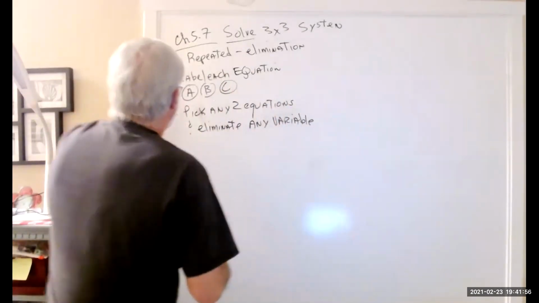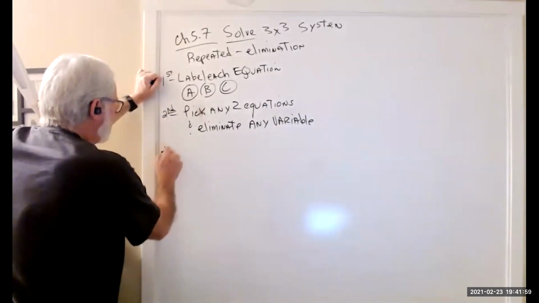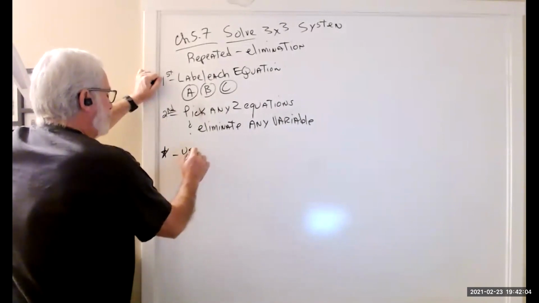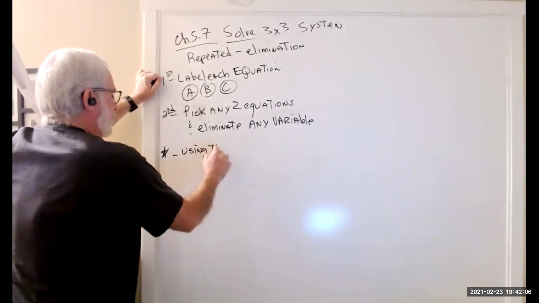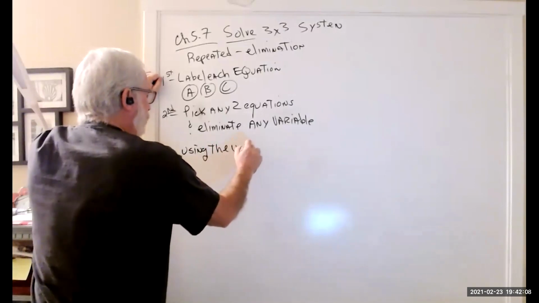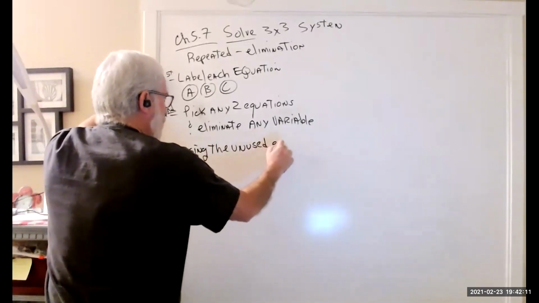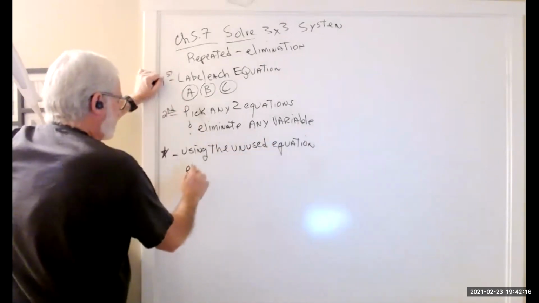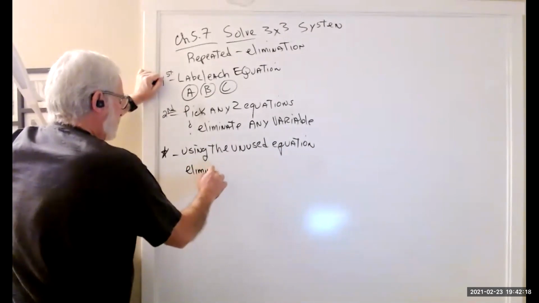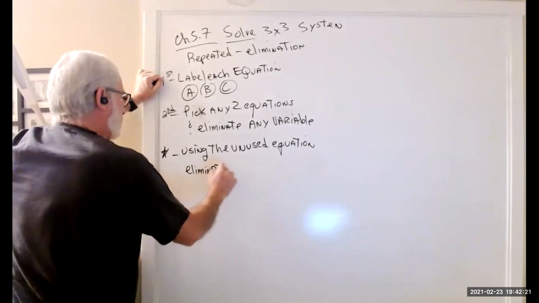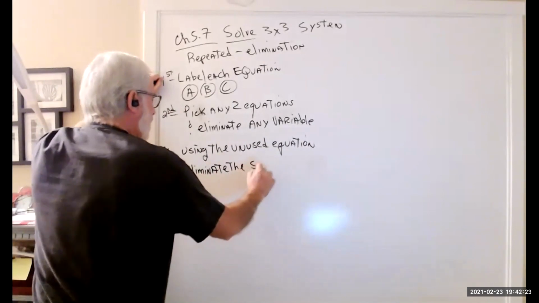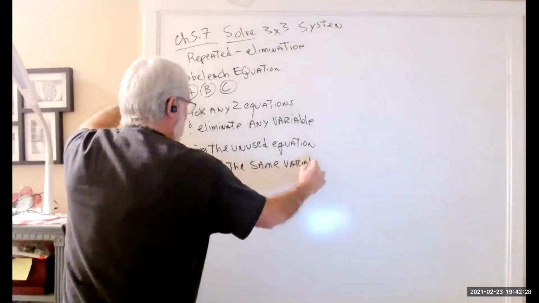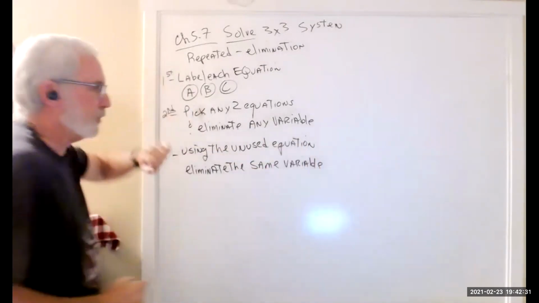But the key is the third step. Using the unused equation, eliminate the same variable. Now, we've got to pause for a second.